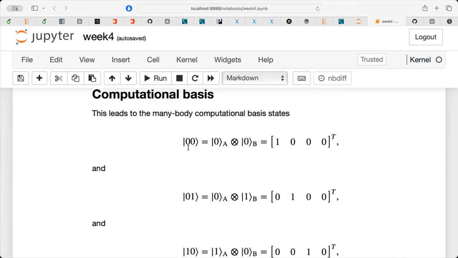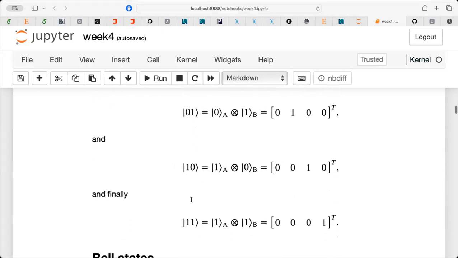So 0, 0 means that you have qubit 0 in system A and qubit 0 in system B. And often you would rewrite this in a more compact notation, just labeling this as state 0. This could be state 1, etc.